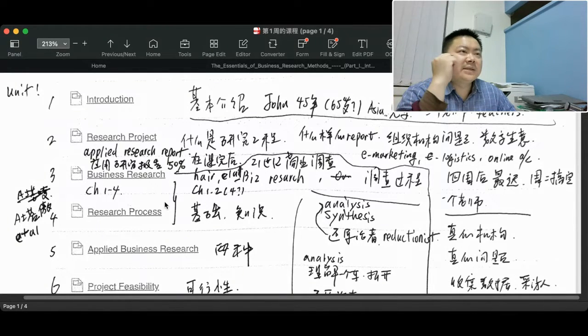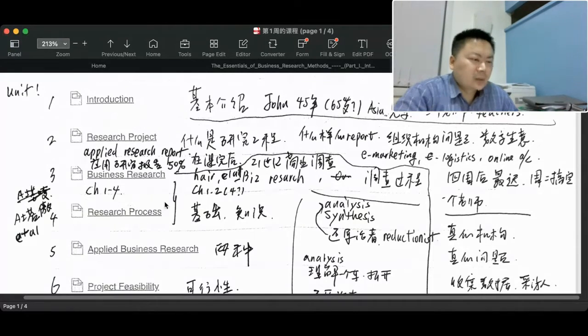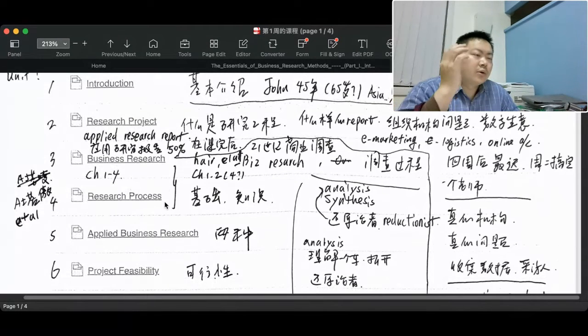My understanding is that Hair is the leading author of the book, but it is also co-authored by many other people. Maybe "et al" refers to the other authors. So when he mentioned "Hair et al," he probably just referred to that book. This is all quite new for me.